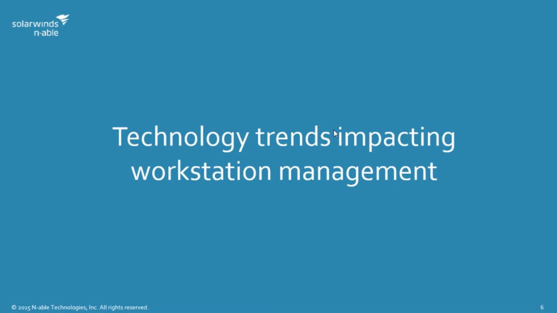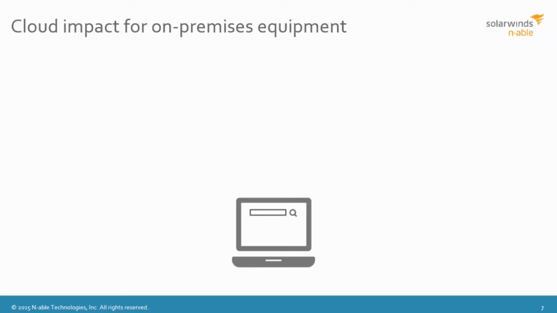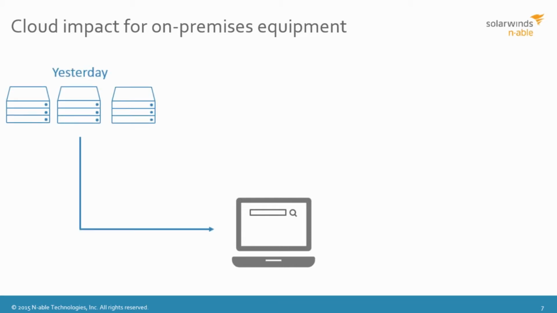So getting things started, the technology trends that are impacting workstation management today, it really all centers around the cloud. If we look at the average customer 5-10 years ago, 100% of the server and the background infrastructure was on-premise. Exchange servers, all of the software was sitting on every device.